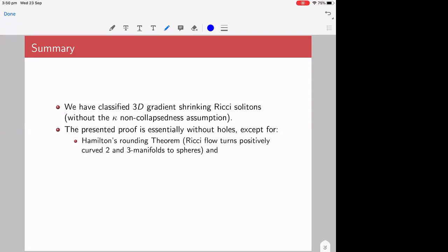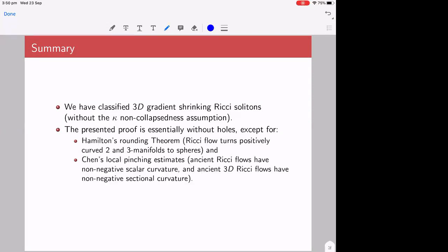And the other result that I put in a black box was the local pinching estimates that tell us the nice results that ancient Ricci flows have to have non-negative scalar curvature, and furthermore that three-dimensional ancient Ricci flows have to have non-negative sectional curvature.